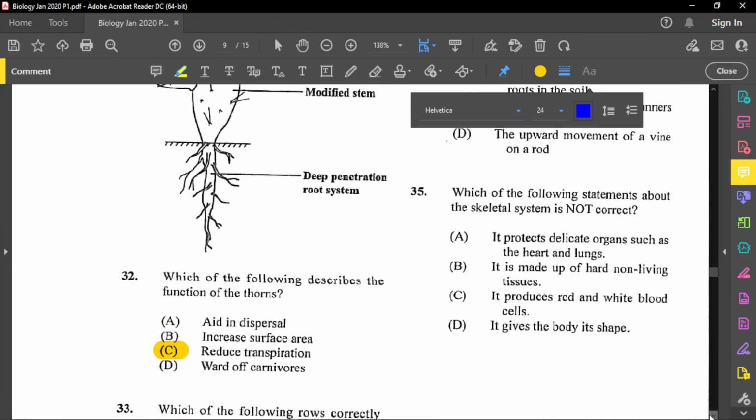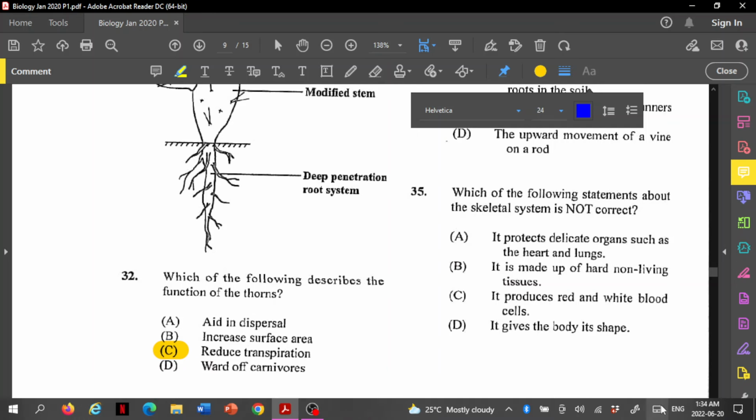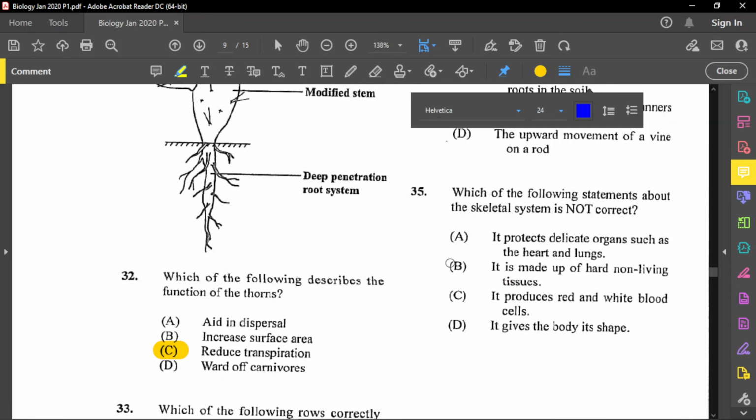Now 35. It said which of the following statements about the skeleton system is not correct. Here it says it protects delicate organs such as the heart and the lungs. Absolutely true. It is made up of hard, non-living tissues, which is not true because remember we have the bone marrow as well. The skeleton system contains living structures.